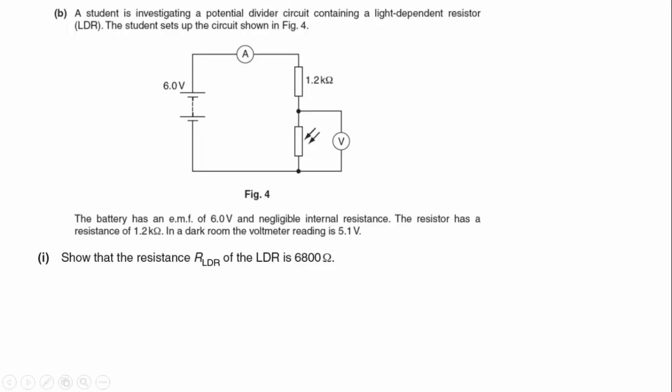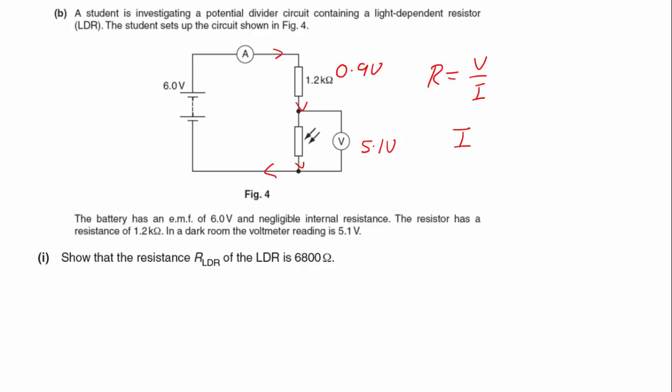Okay, so what we'll need to do to begin with is, we know it's got 5.1 volts across it. If we knew how much current was going through it, because resistance is V over I, then we're there. So if we've got 5.1 volts here, I can work out I must have 0.9 volts across the 1.2k resistor, and therefore the current flowing through that resistor is going to be the same as the current flowing through the LDR.